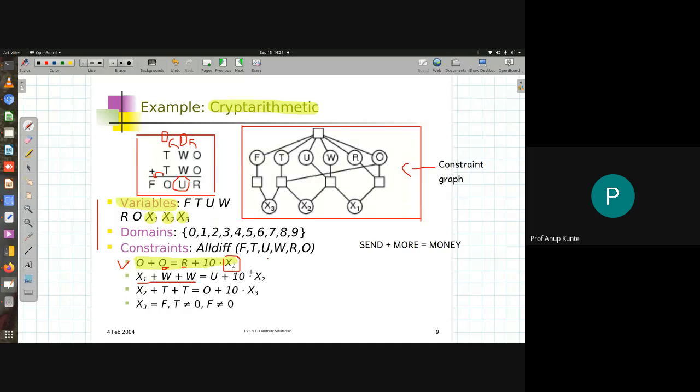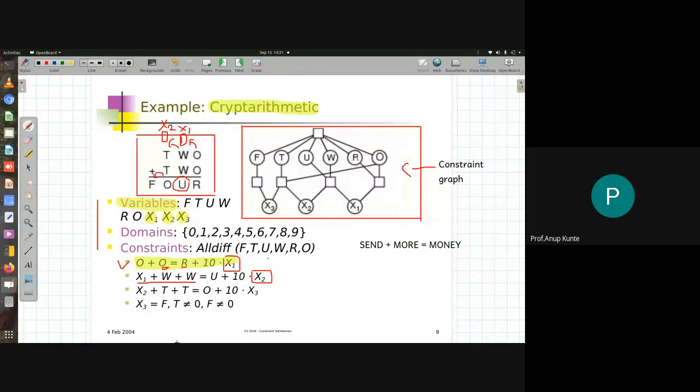So the second carry is x2. I'll be generating x2 into 10 plus U. So this is nothing but my first carry x1. This is nothing but my second carry x2 maybe. This is how you are actually representing your results.